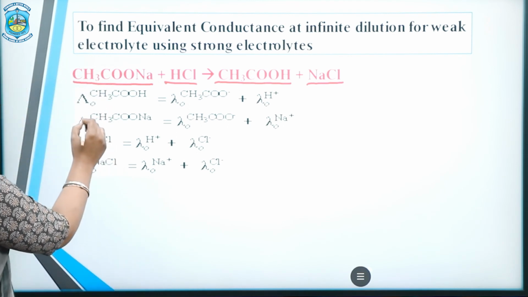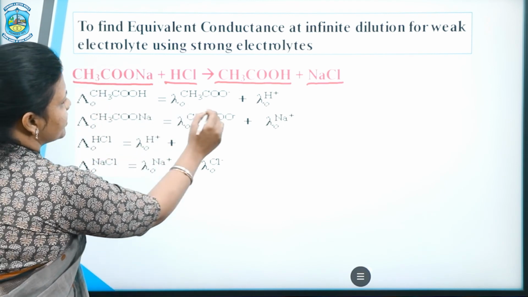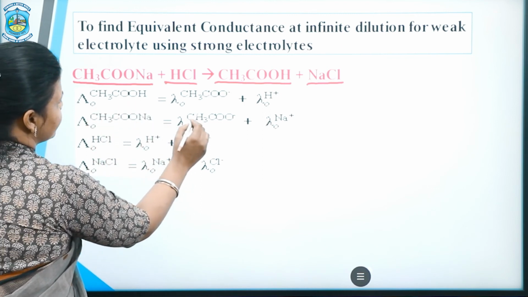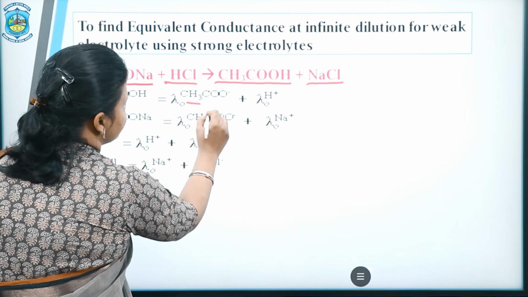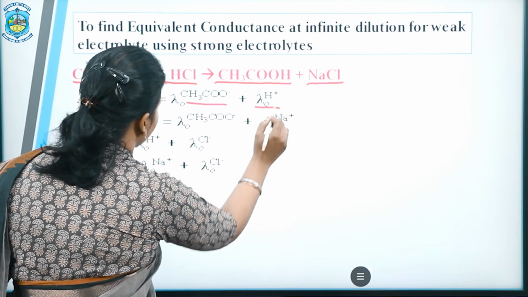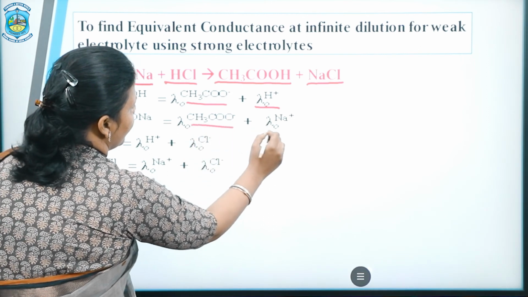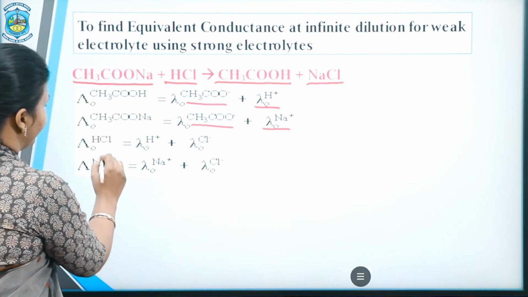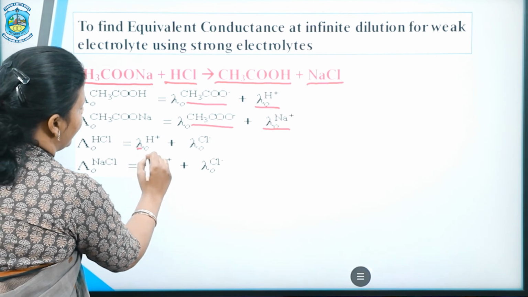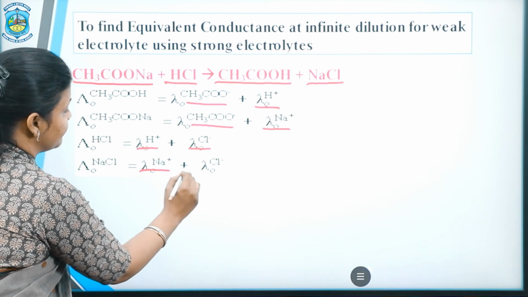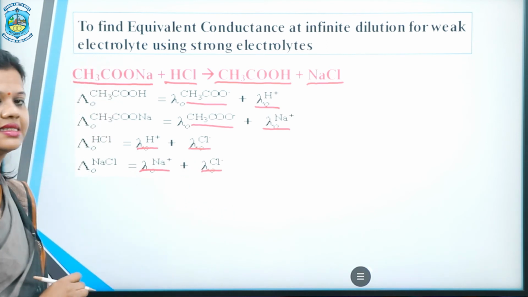Here we can see the ionic composition of the 4 electrolytes. Acetic acid is made up of CH3COO minus and H plus. Sodium acetate is made up of CH3COO minus and Na plus. HCl is made up of H plus and Cl minus, and NaCl is made up of Na plus and Cl minus.